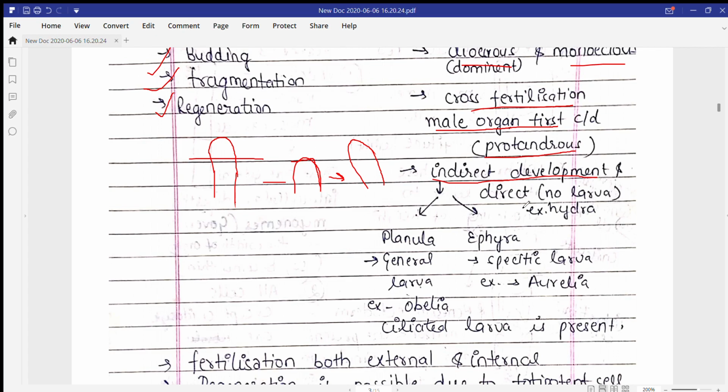If a larva isn't found, then it is direct development, and direct development takes place in Hydra. Remember this. If the planula larva is formed, it can be formed in Obelia, while the ephyra larva is a specific larva formed in Aurelia.